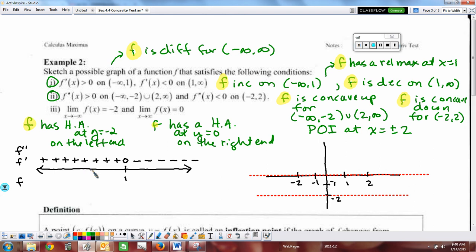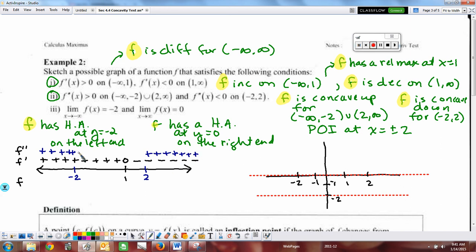I'm just going to change color here. So here at 2, we had a point of inflection. And then over here at -2, we have a point of inflection. And our second derivative is going to be concave up on the outside, so it's positive up to here, and then positive over on this section.